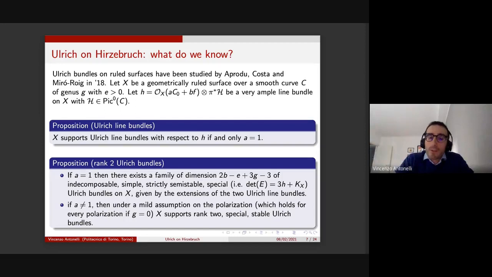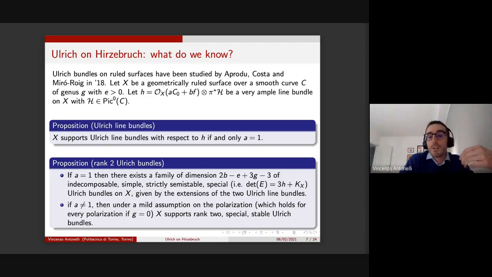As soon as you have an Ulrich bundle, the degree of the first Chern class is fixed. But when the Picard group is not isomorphic to Z, then you can have more than one admissible first Chern class. In this case, the existence is settled only for one case, the special case, where c1 is 3H plus K. But we would like to consider every admissible first Chern class and also every possible rank.